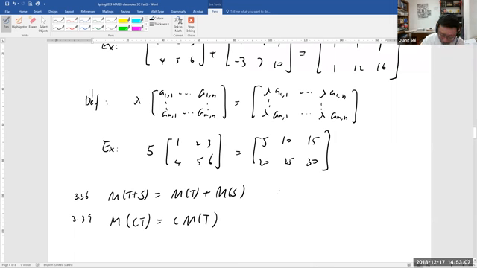All right. So the first one, when T and S are two linear maps from the same V to the same W, we're saying you can add these two linear maps together. The sum is a new map, and then the matrix of this new map. Naturally, we would like this to happen.